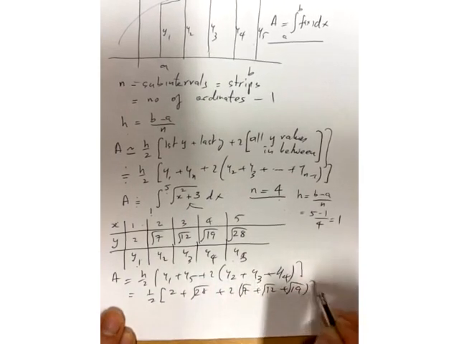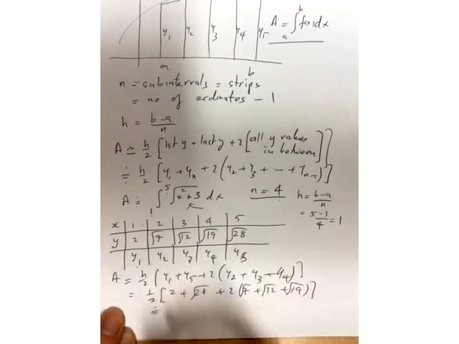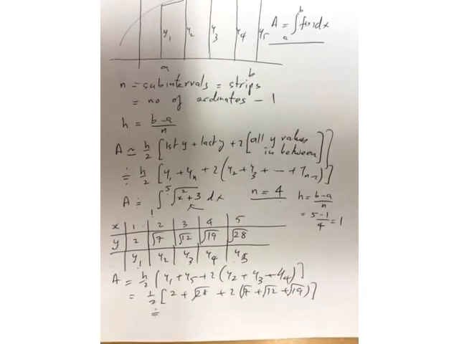And then, whatever your calculator says, you take out your calculator and you get the answer. So let me quickly do that on my calculator. Root 7 equals, plus root 12 equals, plus root 19 equals, times 2, equals, plus root 28 equals, plus 2 equals, and divided by 2.